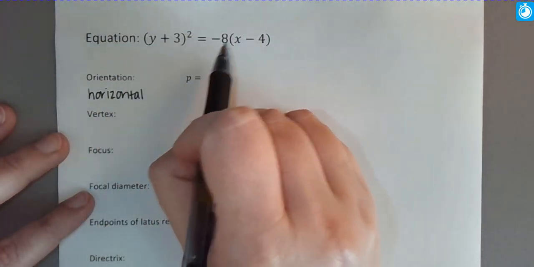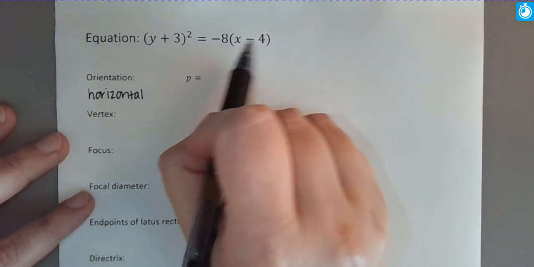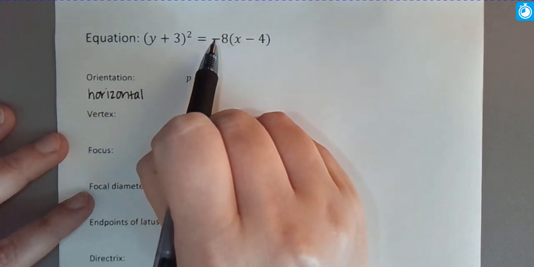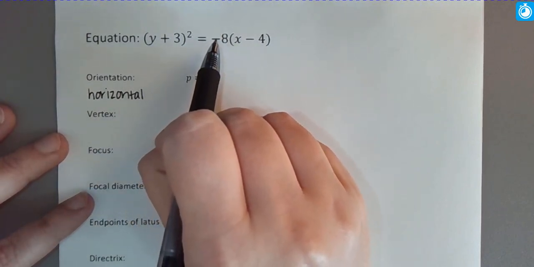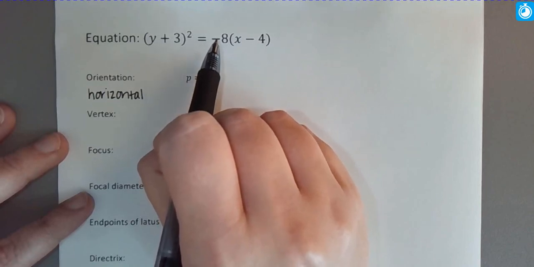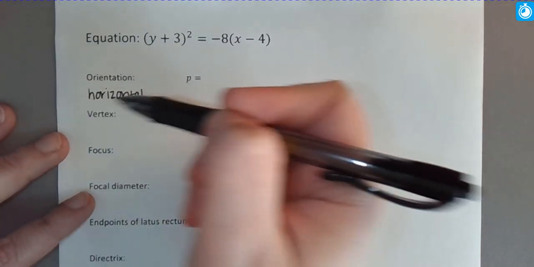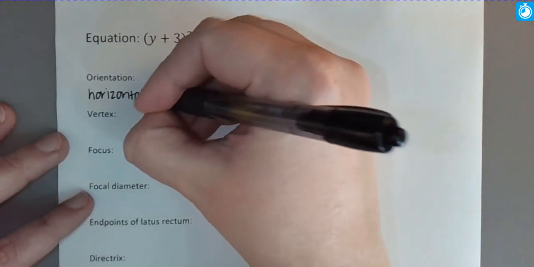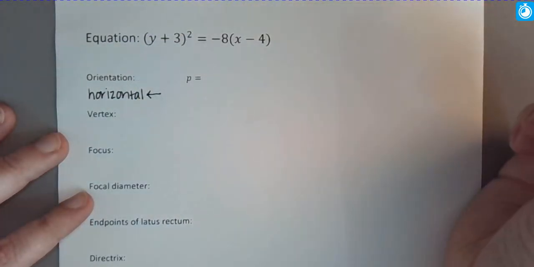That's going to be based on this constant that's been factored out of x minus 4. We're focusing on its sign. The sign in this case is negative. As soon as this sign is negative, it means we're opening in the negative direction. So we're opening horizontally, and specifically to the left.